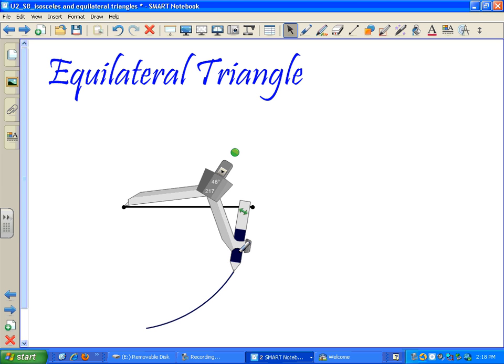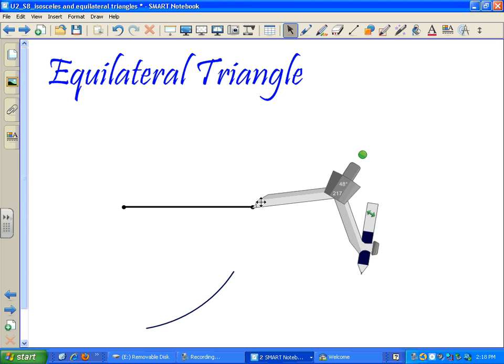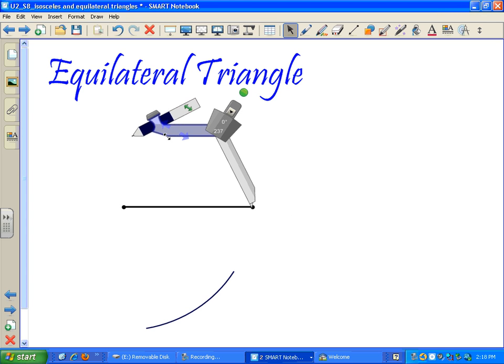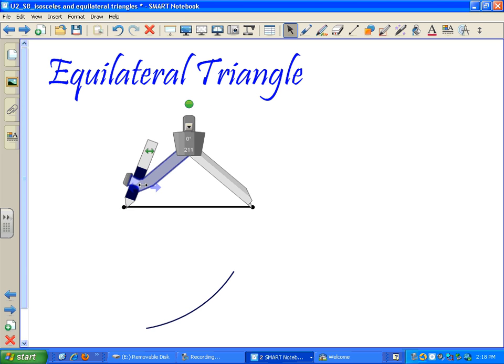Then I'm going to switch where I have my endpoints. So I'm going to take my compass and now put the point at the other endpoint and bring my pencil down to the endpoint. And now I'm going to try to intersect the curve that I already have below.